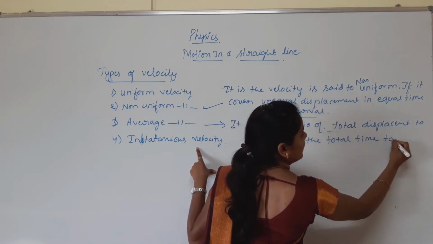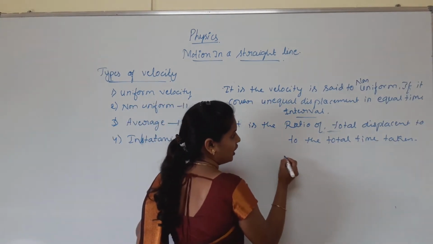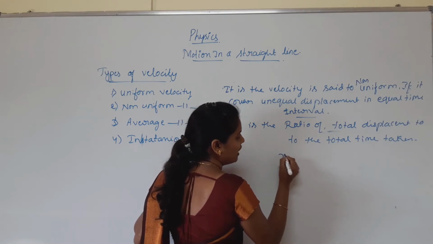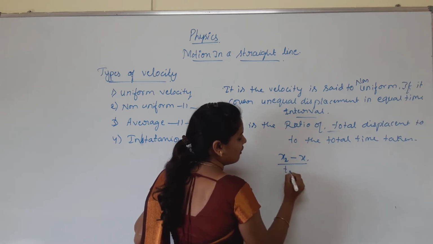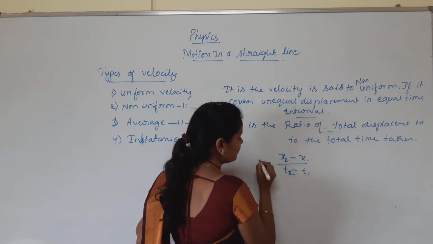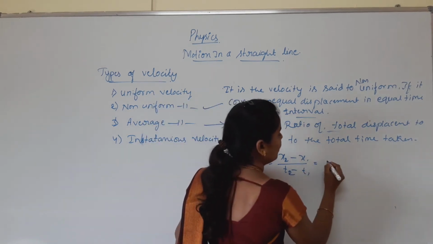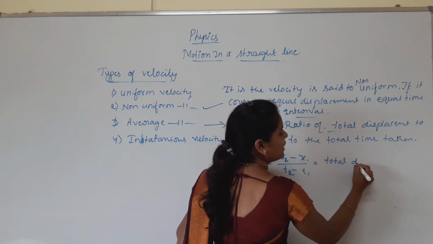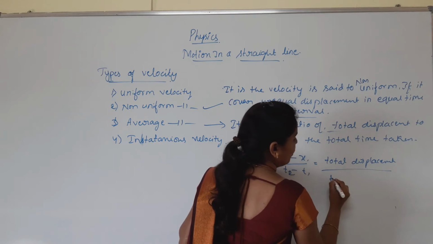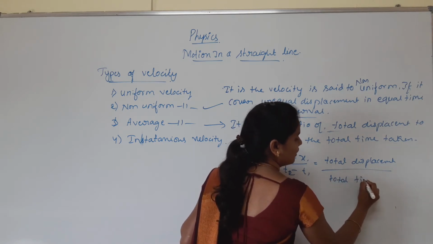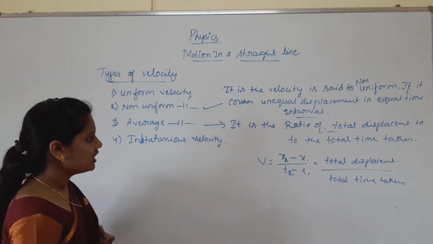Here, total displacement x2 minus x1 divided by t2 minus t1 is the average velocity. Total displacement divided by total time taken is called average velocity.